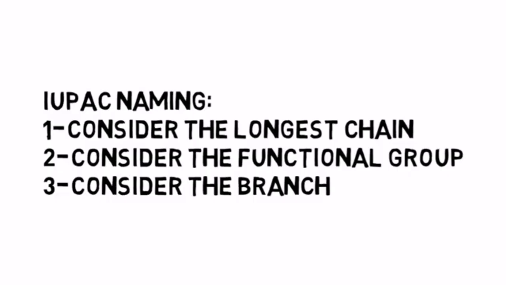Write it down. So these are the three rules for you to follow in order to give the IUPAC name of any structure or compound. Consider the longest chain, then the functional group and the branch.